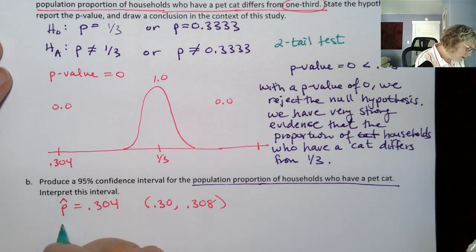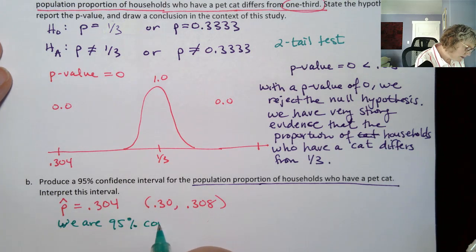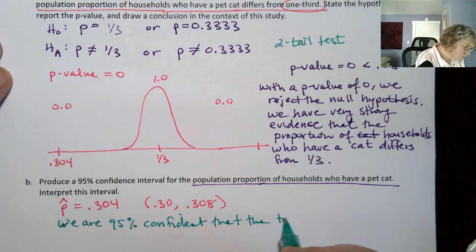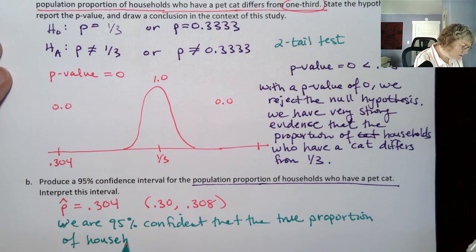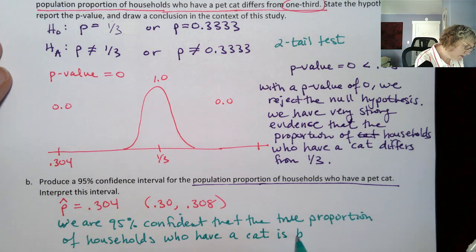We can say we are 95% confident that the true population proportion of households who have a cat is between 0.30 and 0.308.